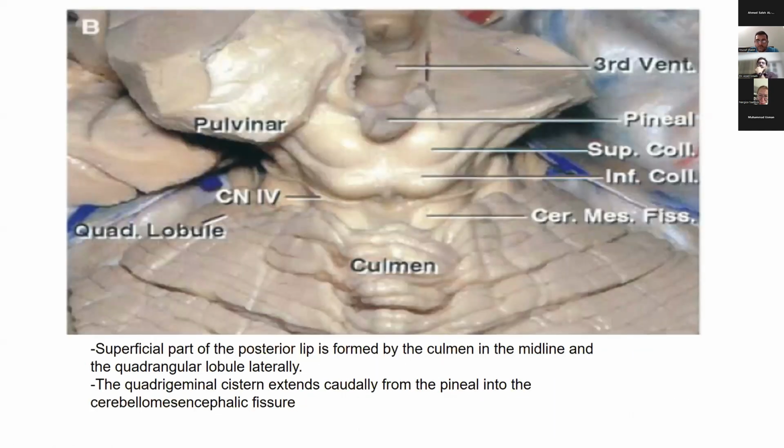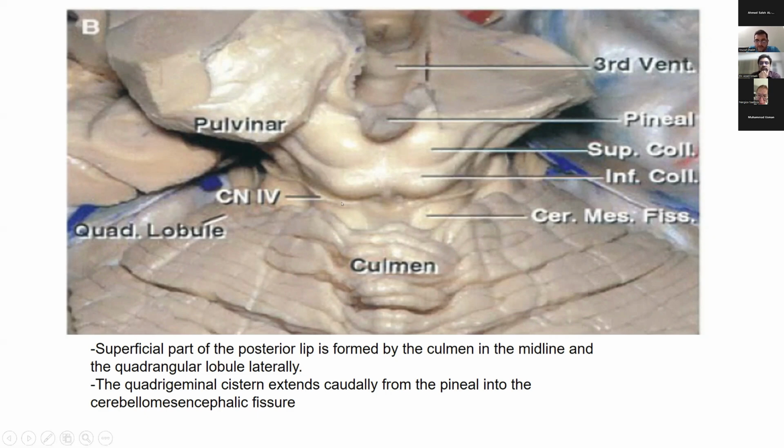We have removed some part of the brain over here, so you can appreciate that the medial border is formed by the culmen, whereas the lateral border is formed by the quadrangular lobule. These are the borders of the posterior wall of the cerebellomesencephalic fissure.